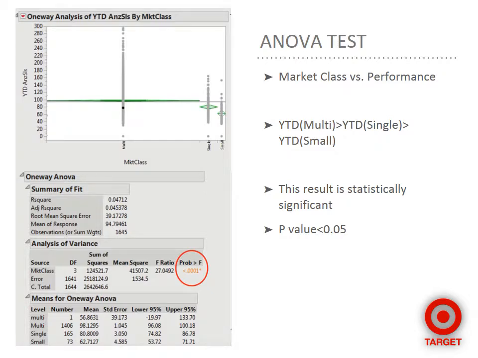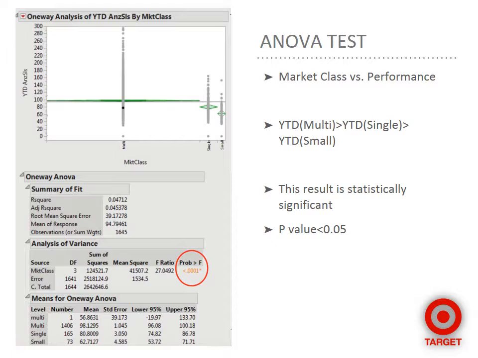In terms of which marketing class is the best for Target's performance, we do the ANOVA test. As you can see in this chart, the multifunction shopping mall has the highest revenue, which is around 100, followed by the single shopping mall, which is around maybe 80, and the lowest is the small mall, which is around 60.